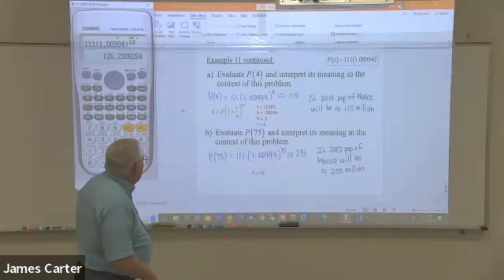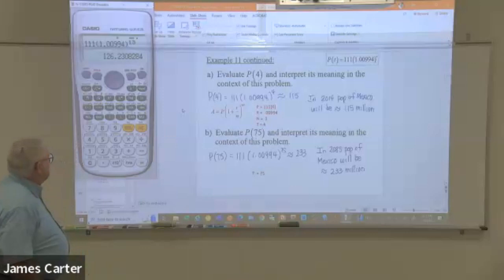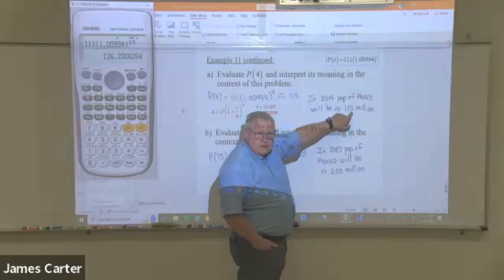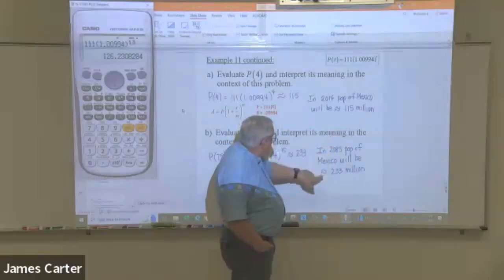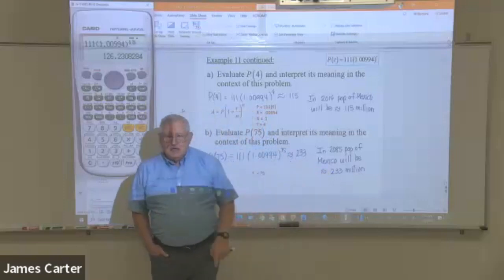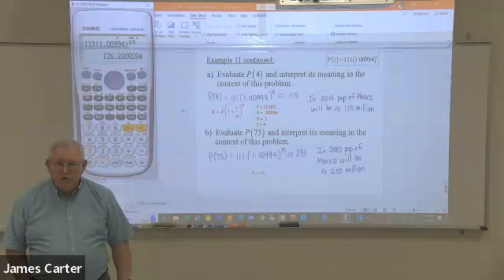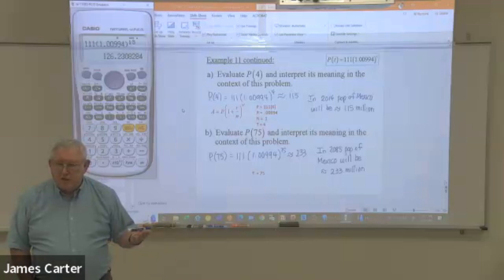Okay, so it does make a difference. What about 75? See, here in 4 years, they're at 116 or 115. Look how big they're going to be 75 years from 2010. It's going to be huge unless there is something significant that affects their population.